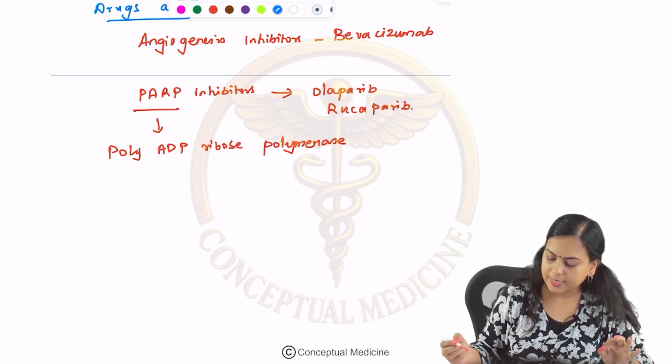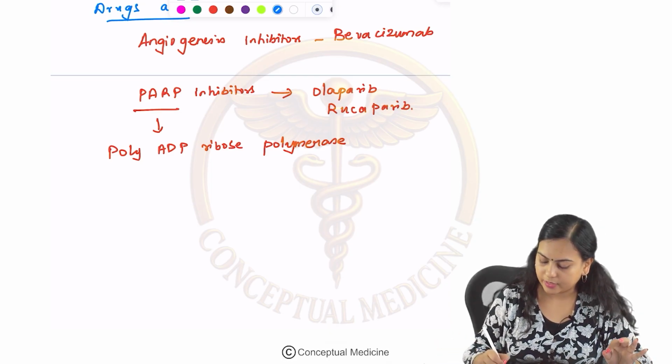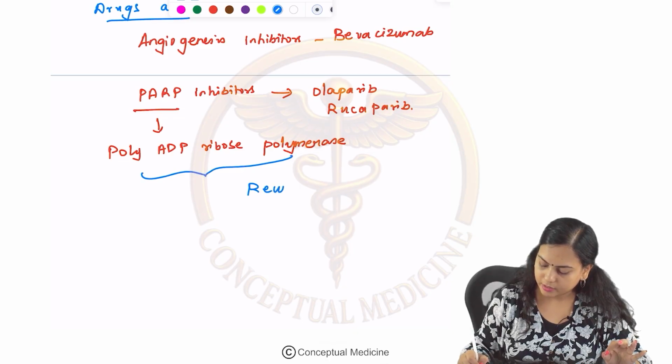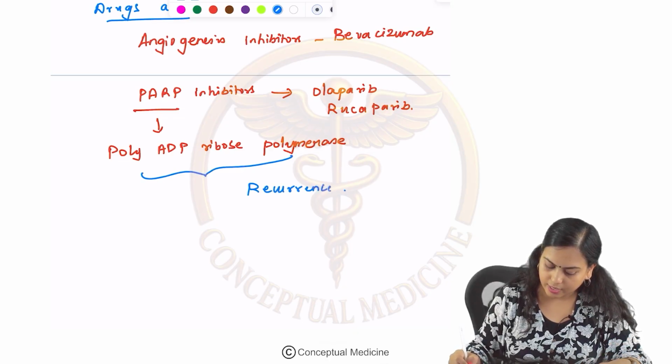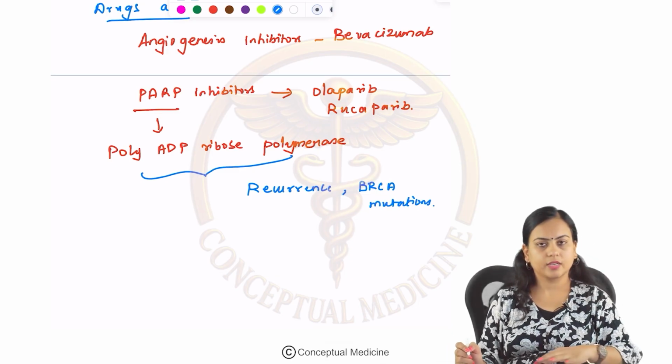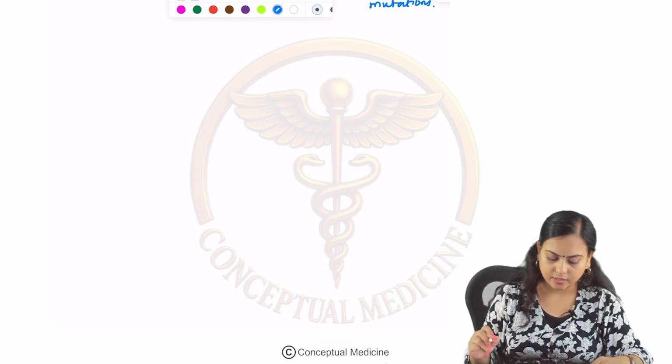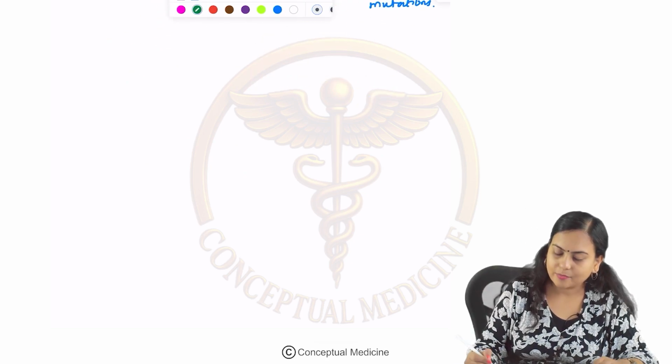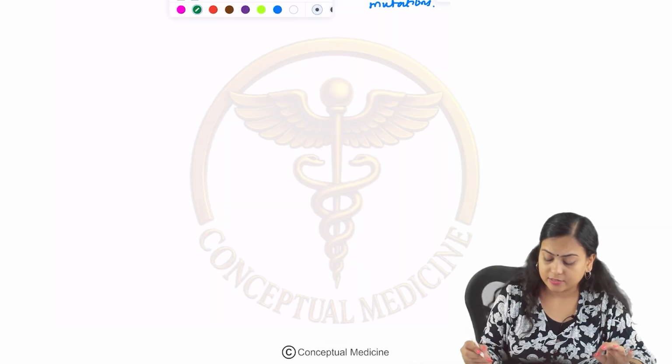Okay, mainly the PARP inhibitors are given in recurrence as well as when they are present with BRCA mutations. Is that clear? Right.